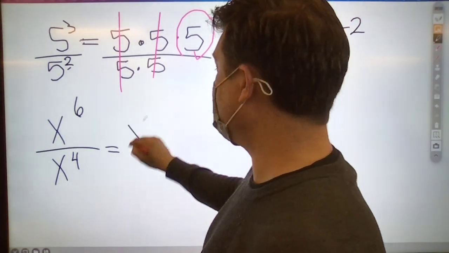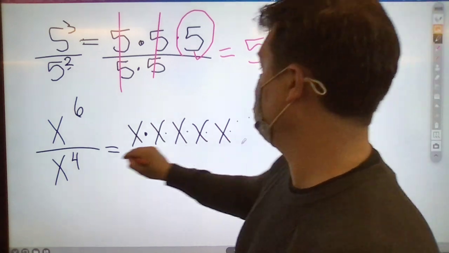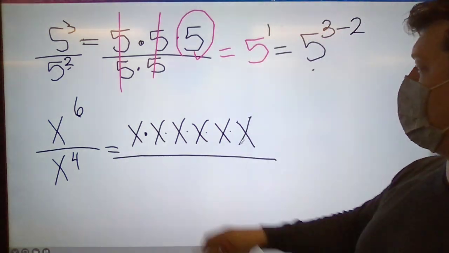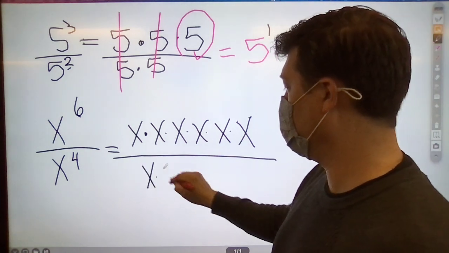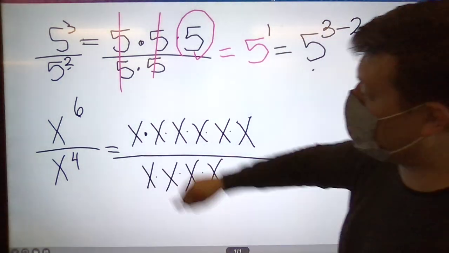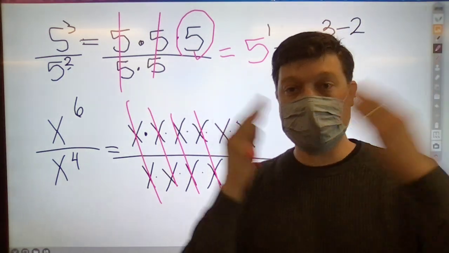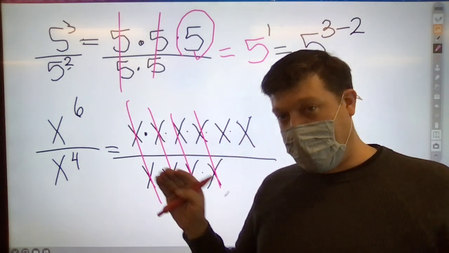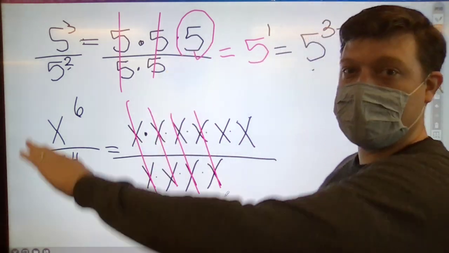So x times x, and that should be 6 x's: 1, 2, 3, 4, 5, 6. And on the bottom, 4 of them. Get your cancellation pen out. Cancels, cancels, cancels, cancels. If they're multiplication on the top and bottom, and they're the same thing, they reduce each other to 1.